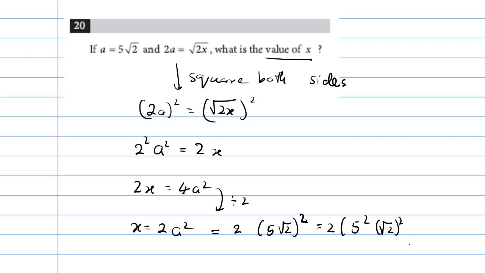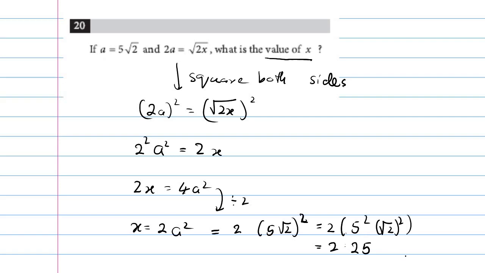I'm writing every step, but if you are really familiar with this, you can just do it directly without writing each of these steps. When you have multiplication, the parentheses are not that important, so you can just write it out like this. 5 to the 2 is 25, right?